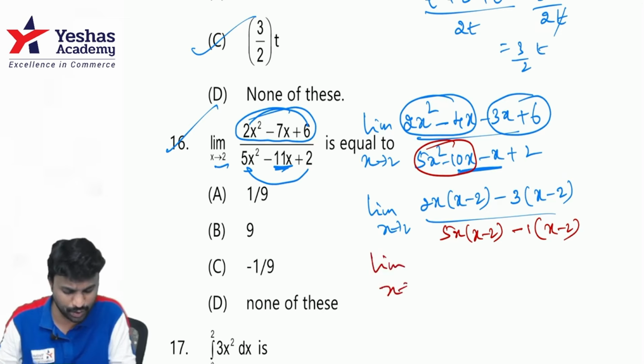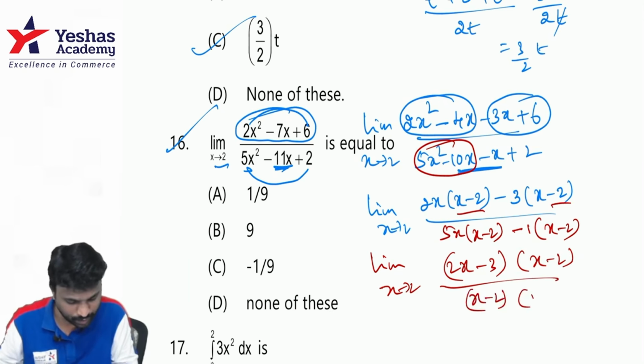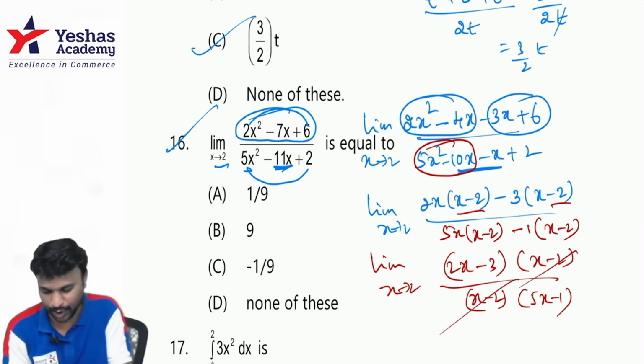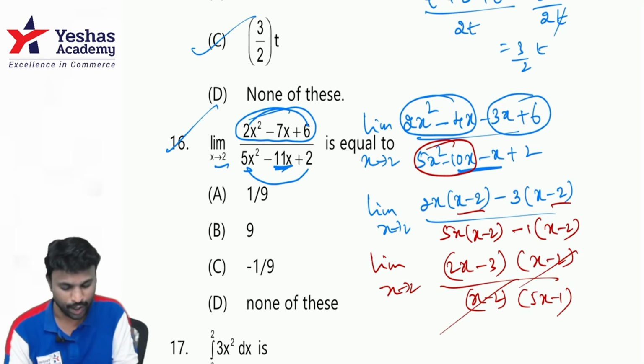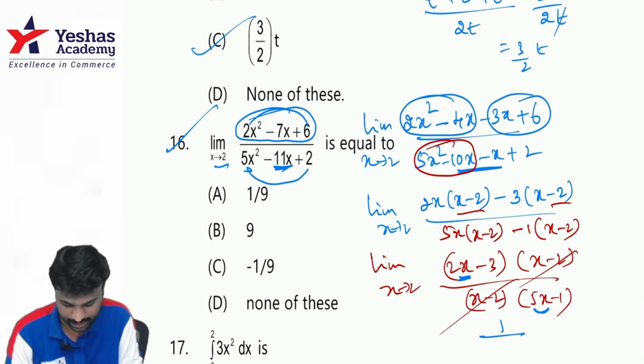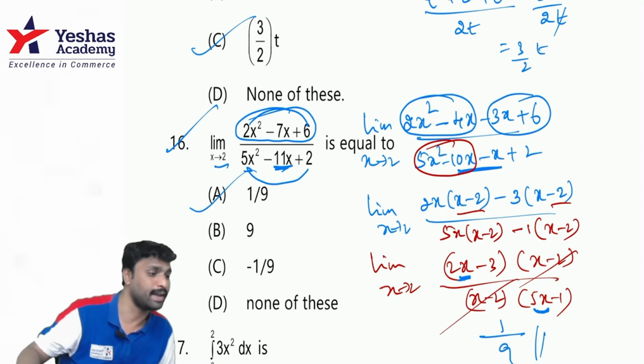So limit x tends to 2, 2x minus 3 and x minus 2, because x minus 2 is common. And here again x minus 2 is common, so 5x minus 1 is remaining. X minus 2 cancel. Substitute x value as 2 now. 2 2s are 4, 4 minus 3 is 1, and 5 2s are 10, 10 minus 1 is 9. So 1 by 9, that means option A is the right answer.